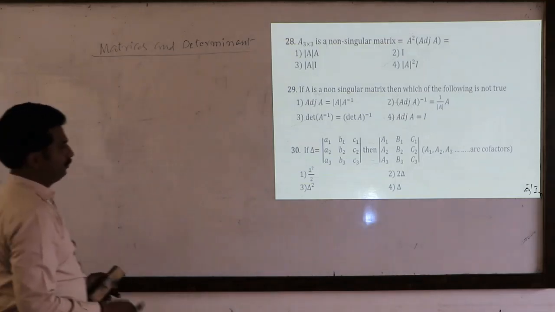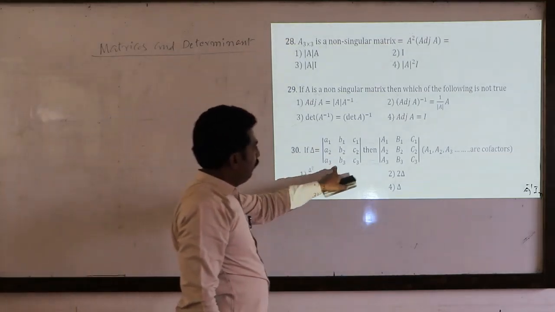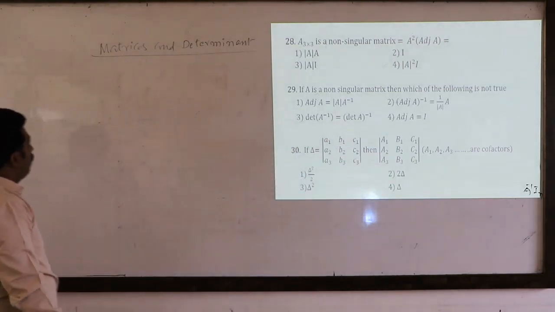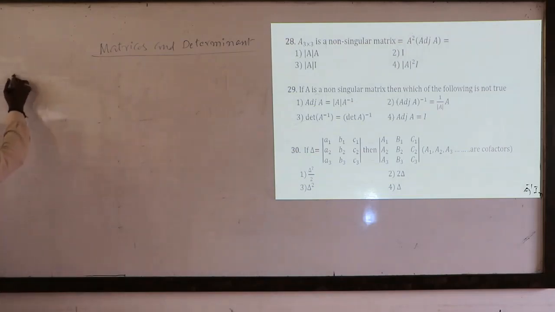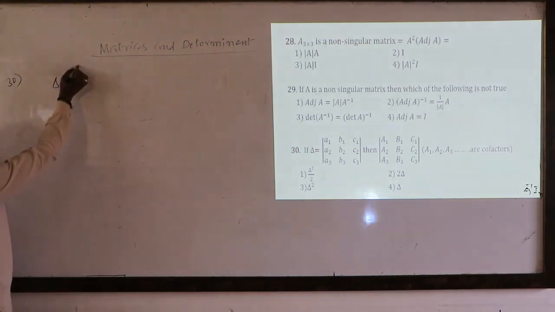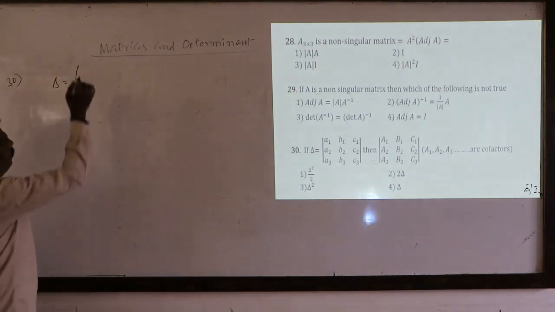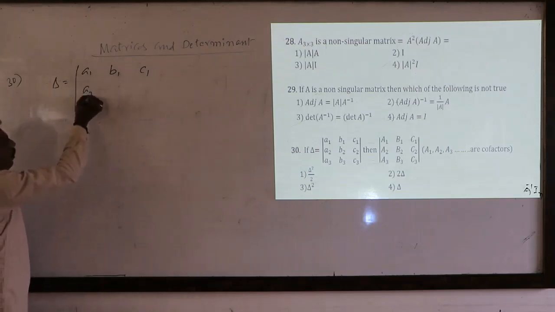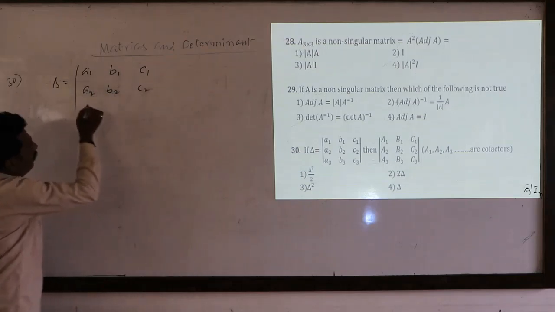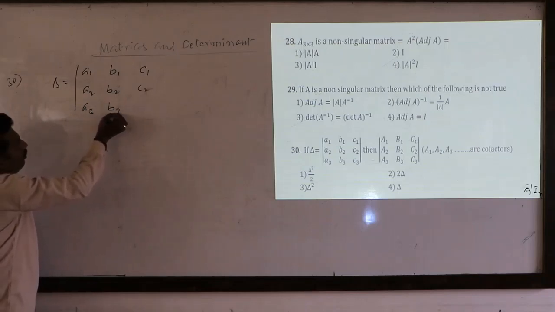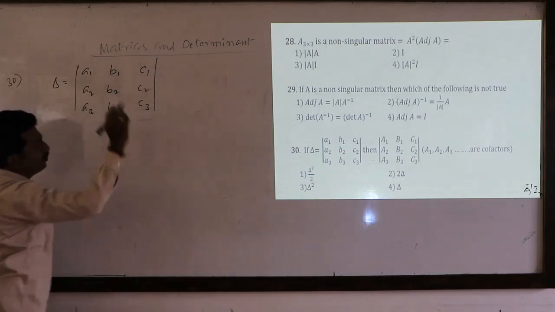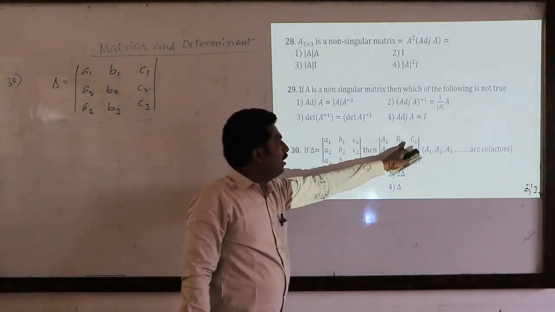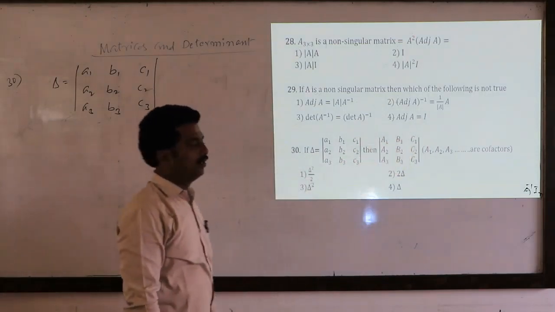Then, question 38. They are asking about the determinant of A and the determinant of these cofactors. So delta equals determinant of A1 B1 C1, A2 B2 C2, A3 B3 C3. So A1's cofactor is capital A1, B1's cofactor is capital B1, C1's cofactor is capital C1.